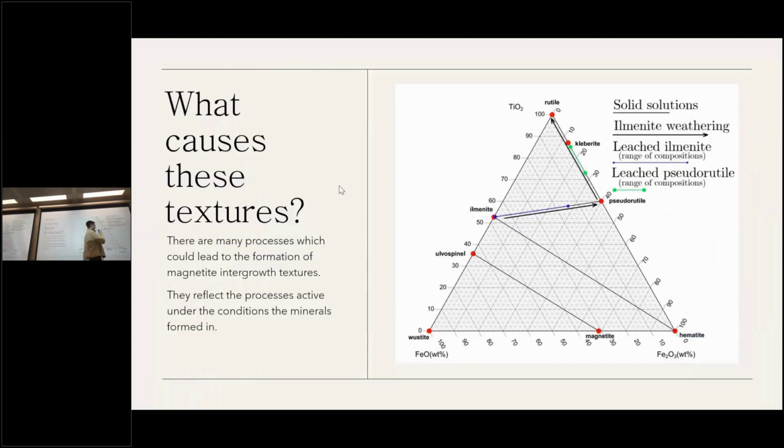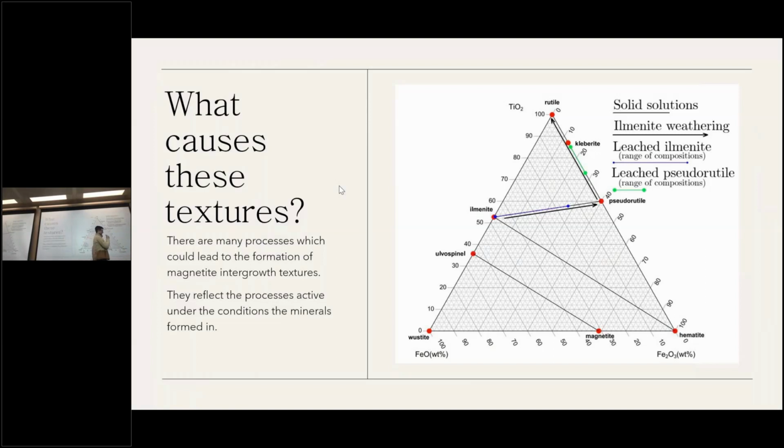Well, what is causing this? It's most likely just the mineralogy and the igneous processes taking place in the protolith during its formation. I think it's got to do with the ulvospinel-magnetite solid solution, which during cooling undergoes oxyexsolution. So it separates out into magnetite and ulvospinel, and ulvospinel oxidizes into ilmenite.